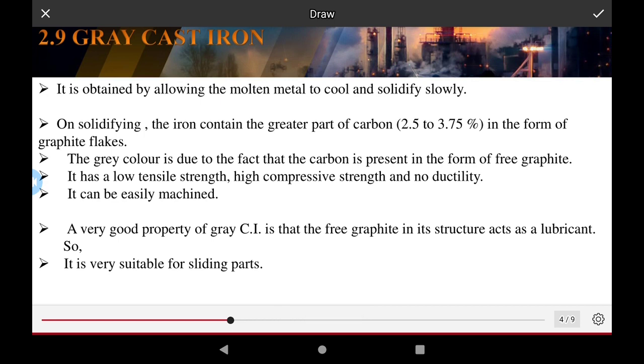Grey cast iron. It is obtained by allowing the molten metal to cool and solidify slowly. On solidifying, the iron contains the greater part of the carbon content, 2.5 to 3.75%, in the form of graphite flakes.